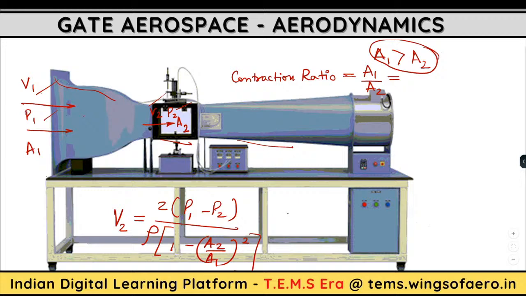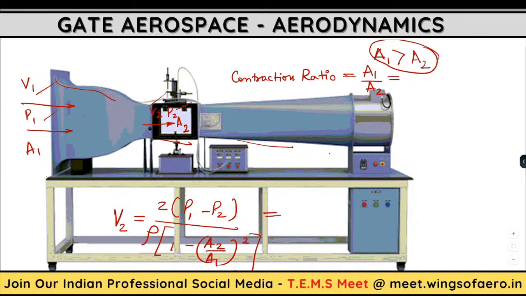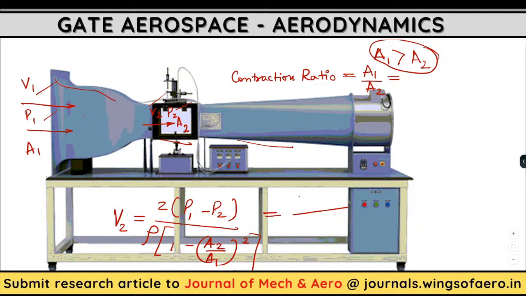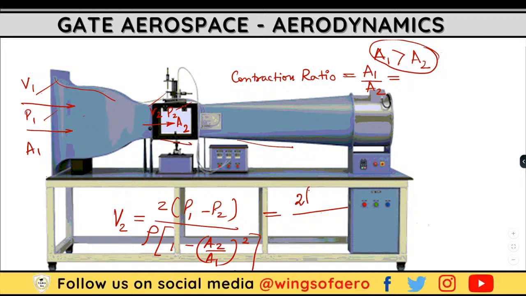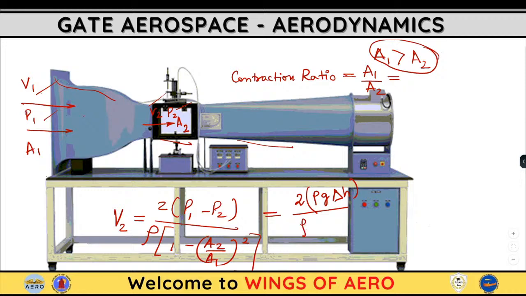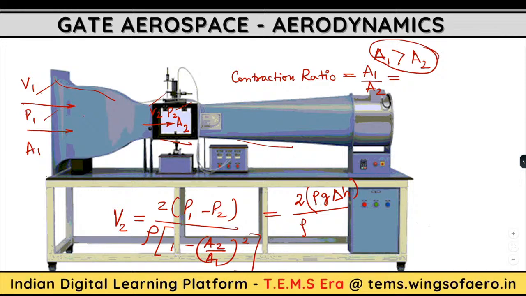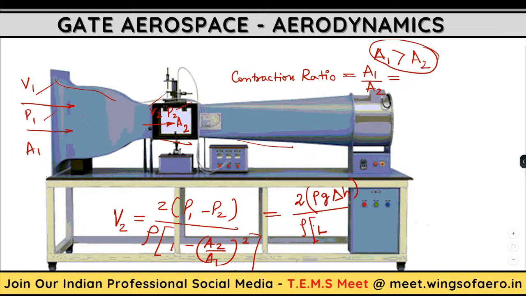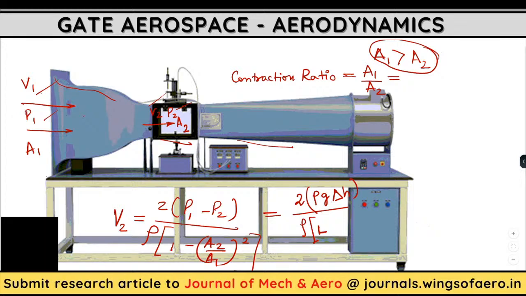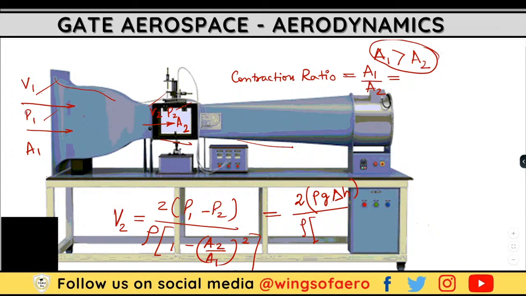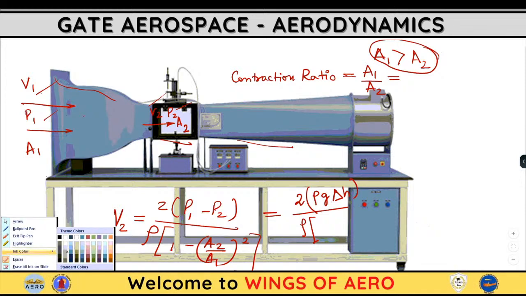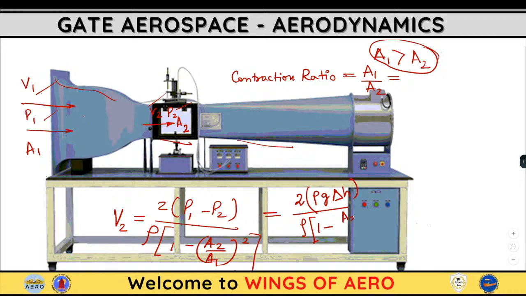And this can also be written this way: P1 minus P2 can also be written as rho g delta H. This is a very important formula.